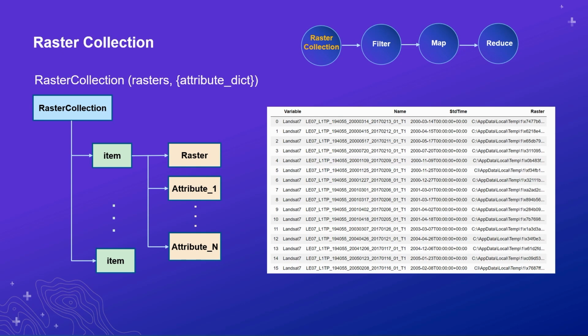So a raster collection has many items, and each item is a row in the list, as you can see on the right side of the screenshot. Each row has a variable name, the file name, the time, and so on. You can define many attributes from the metadata of the data.